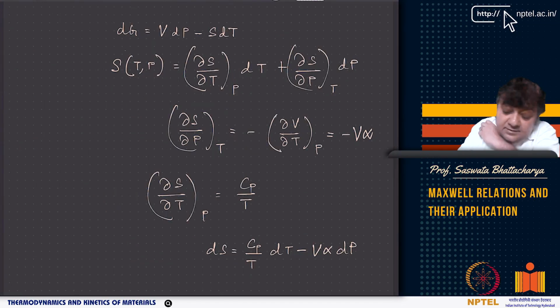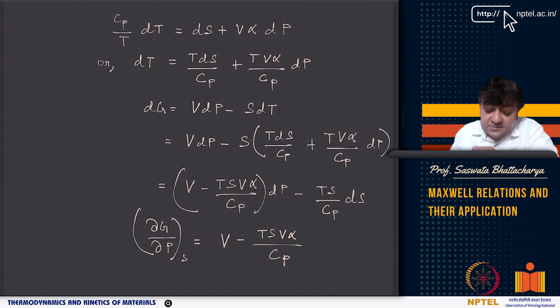From this relation, I can write dS plus V alpha dP equals Cp by T dT. Now dT equals T dS by Cp plus T V alpha by Cp into dP, right? So you can get this, because T dS and V alpha T by Cp, and you can see this is equal to dT.